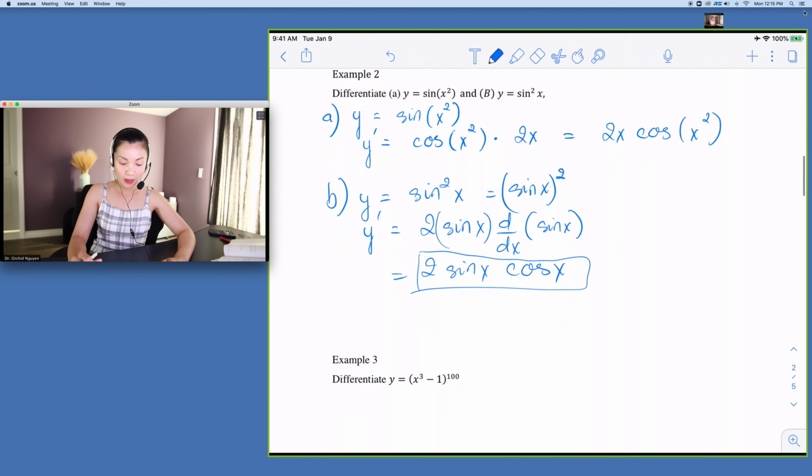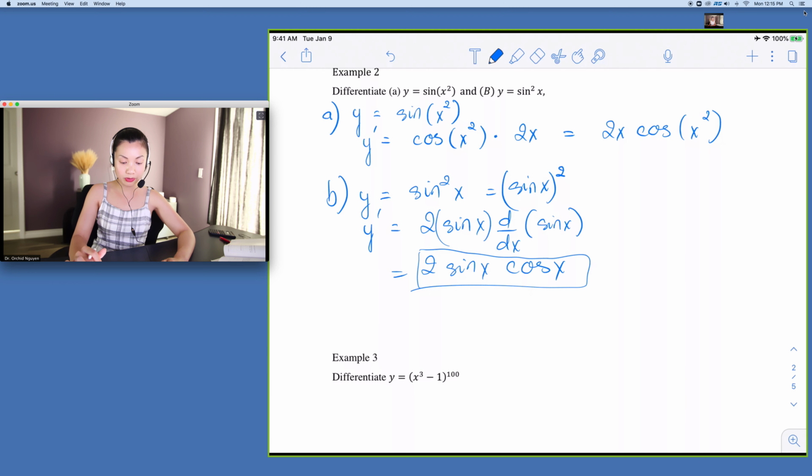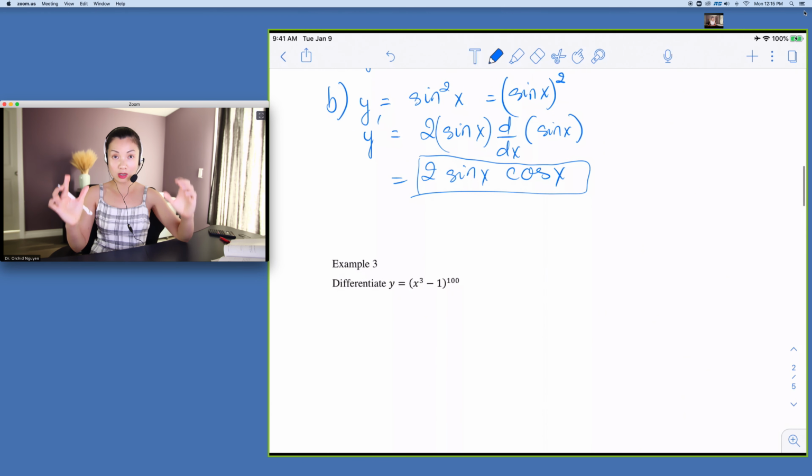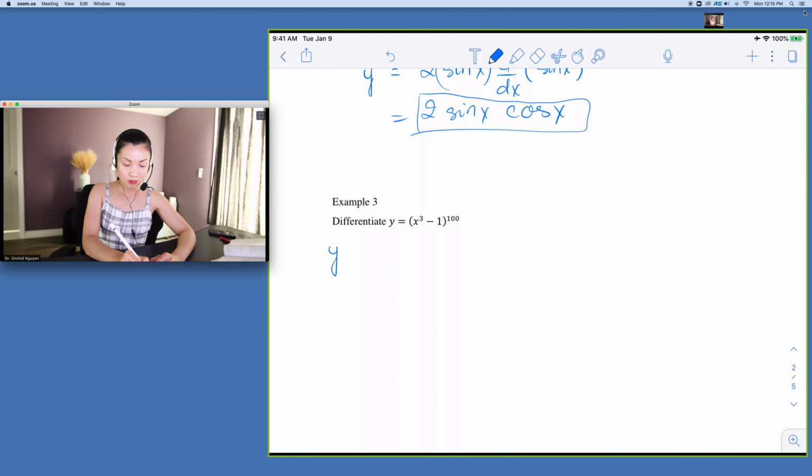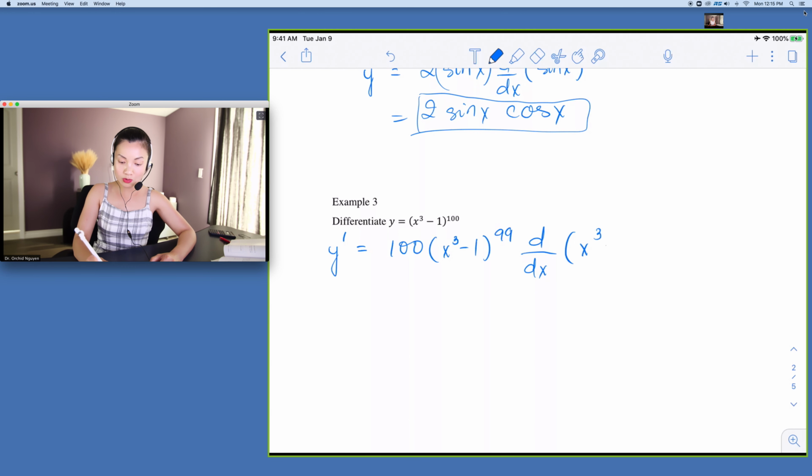All right, now moving on to example 3. So you see that the power 100, that's going to be the outer function. So first, I take care of that, 99, right? And then I take the derivative of x cubed minus 1, which is 3x squared.